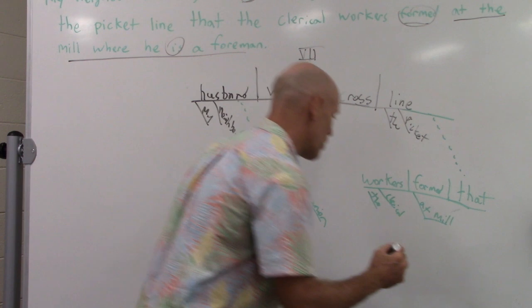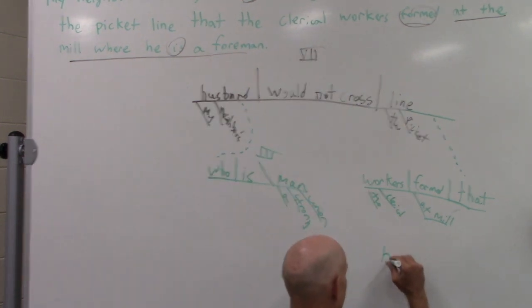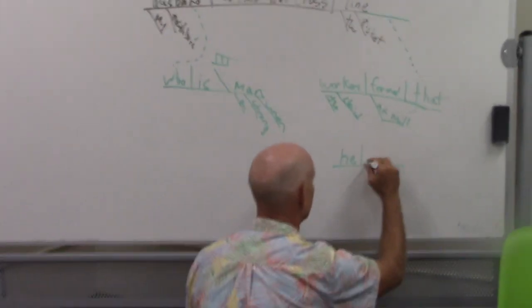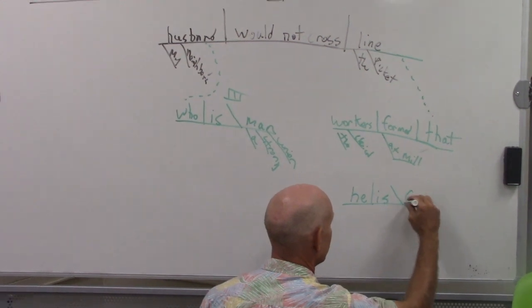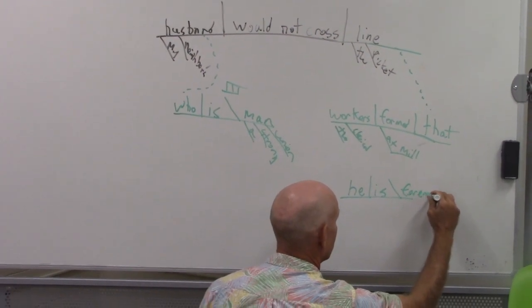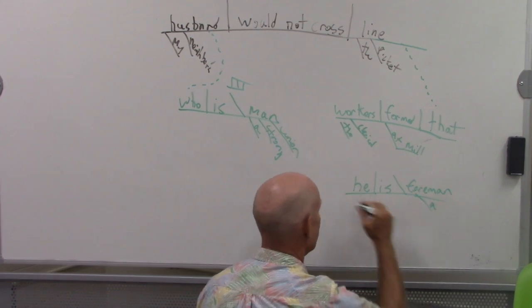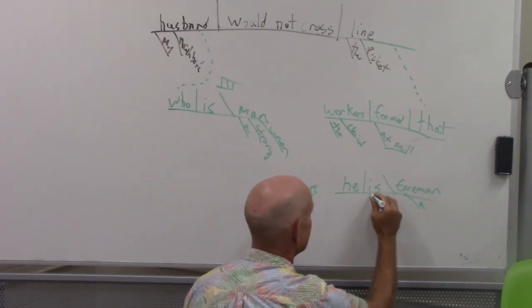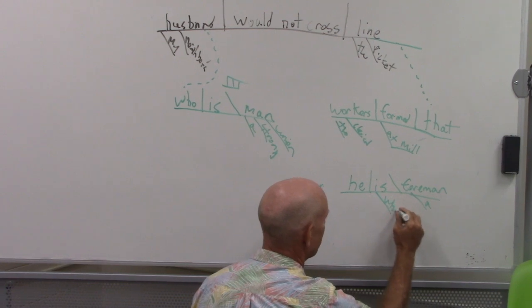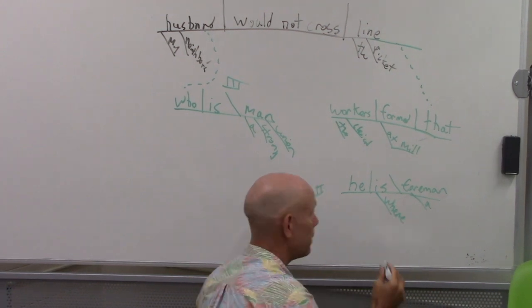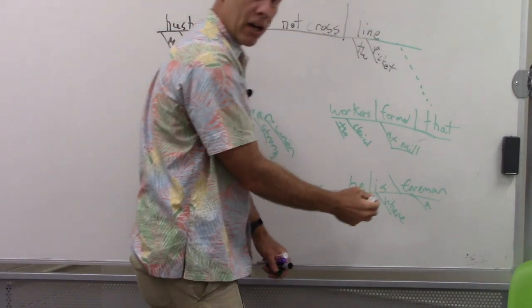Okay, so one more time, we have a pattern 3 there. Do you see it? How's it go? He is a what? A foreman. All right, there's your pattern 3, and this is called a relative adverb, right? Time and place is going to be adverbial. So the where, can you see this down here?